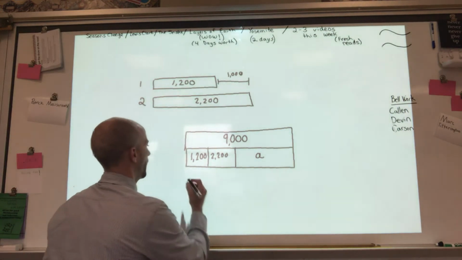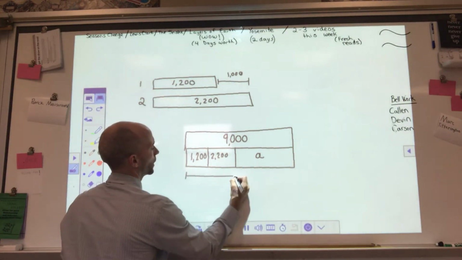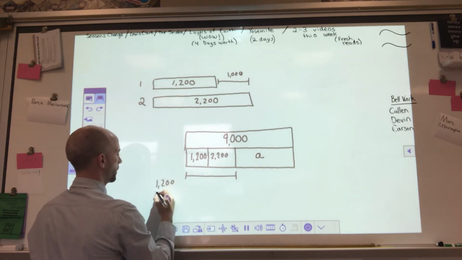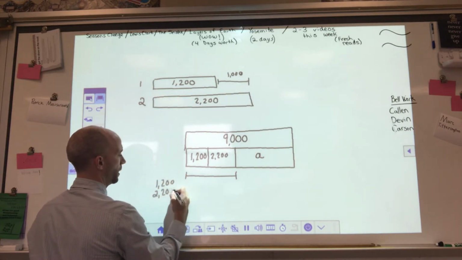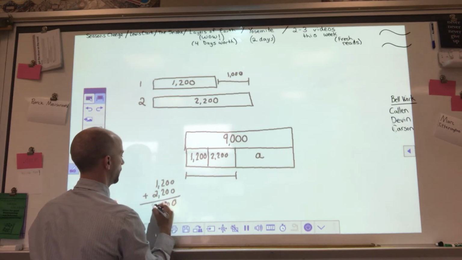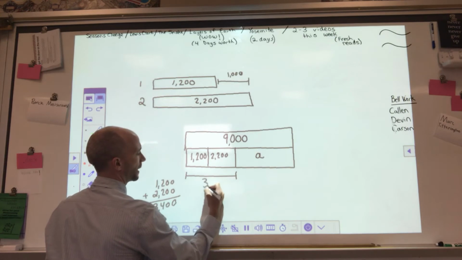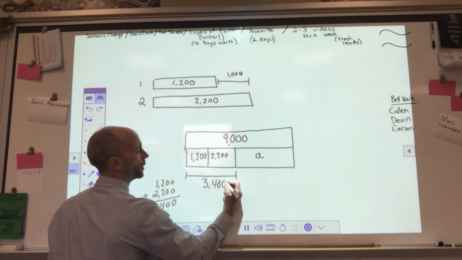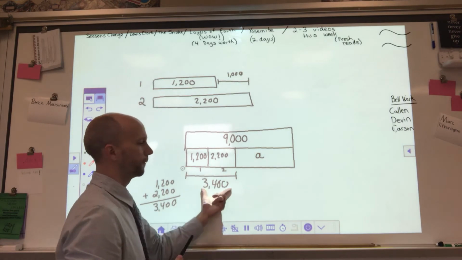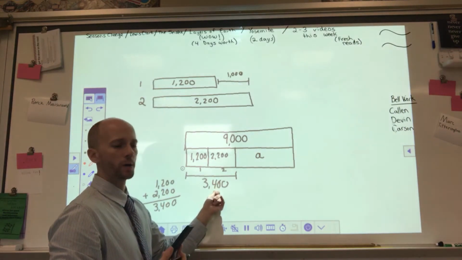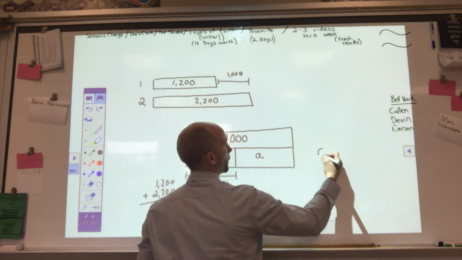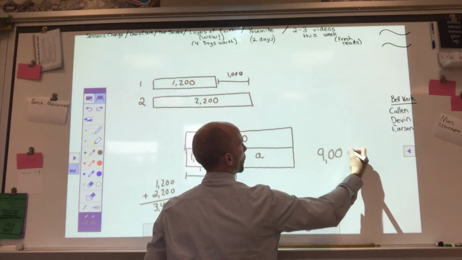So we're going to take these two, 1,200 plus 2,200. Again, that probably could be mental math. It's a 4. Give me 3,400. So on day 1 and day 2, together she flew 3,400 miles. Now I have to go and find the third day. She flew quite a bit on the third day.